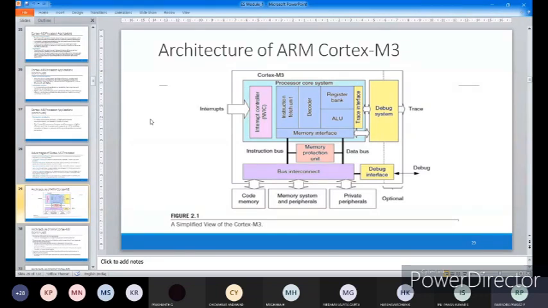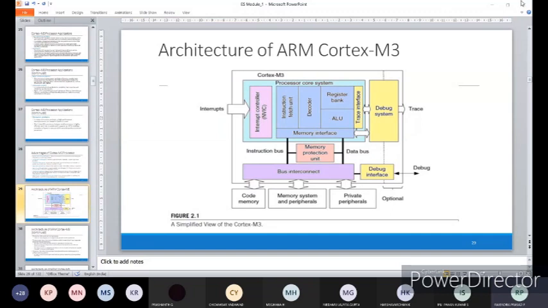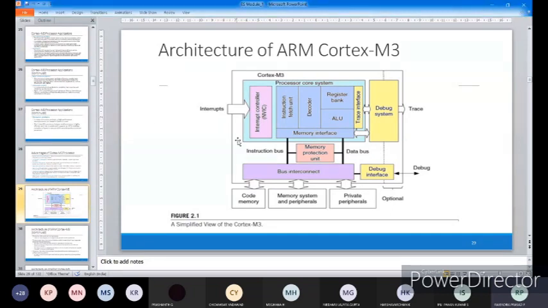A microprocessor or microcontroller will have memory, peripherals, an arithmetic and logic unit, a register bank, and an instruction fetch unit. These are the common things which you find in a microprocessor and microcontroller.